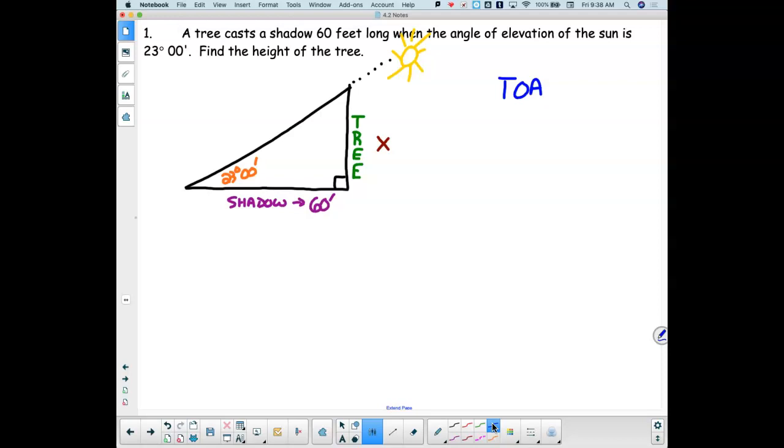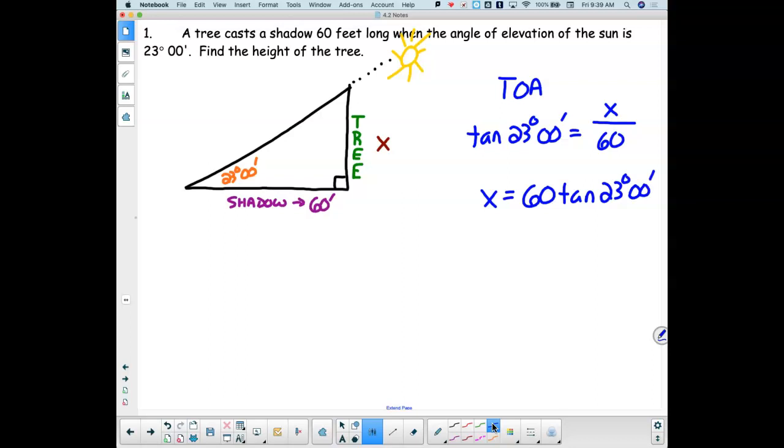So the tangent of 23 degrees, 0 minutes is equal to the opposite side, which was x, over the adjacent side, which was 60. Multiply both sides by 60. We get that.